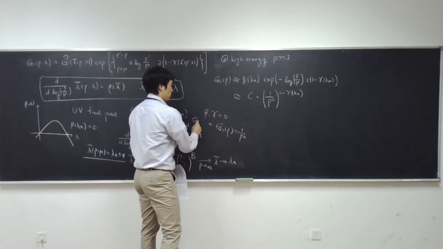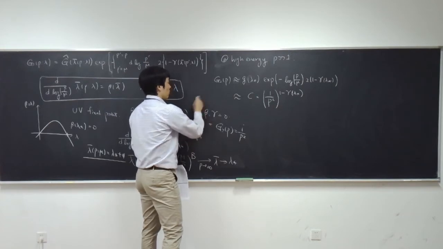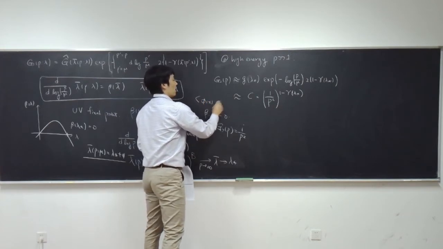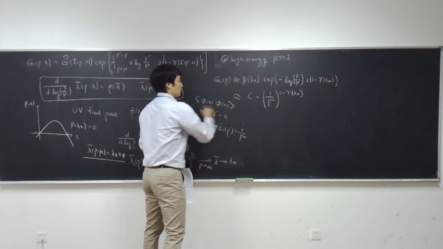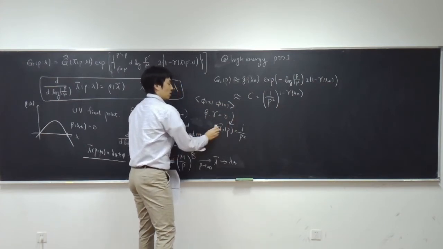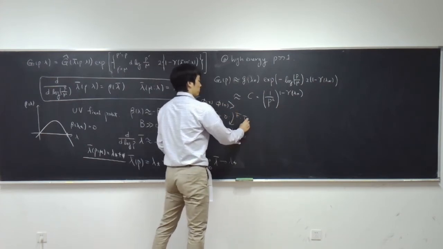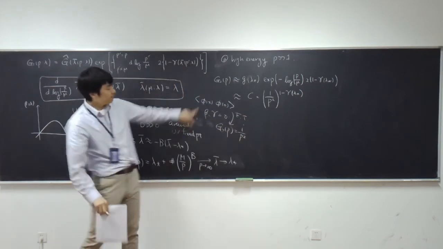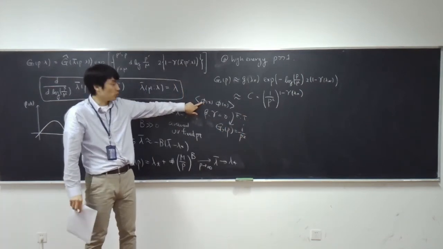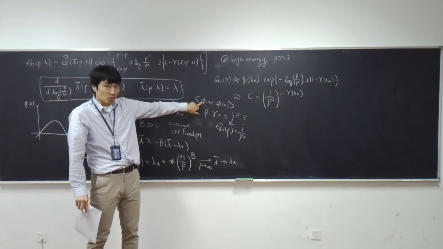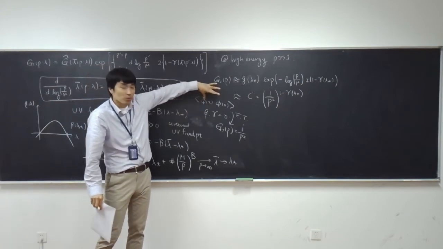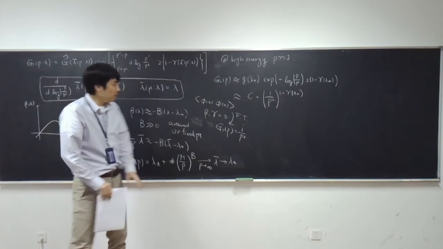It's essentially the Fourier transform of phi of x and phi of 0.